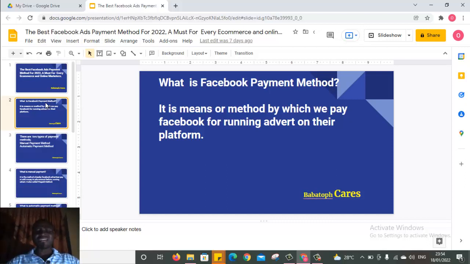People that are looking for our products, ready to pay for our product or our services. So the means or the method by which we pay Facebook for showing our adverts to potential customers is what we call Facebook payment method.